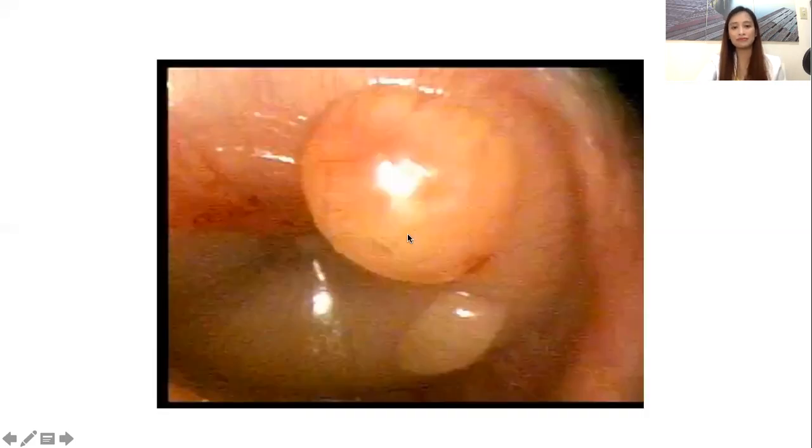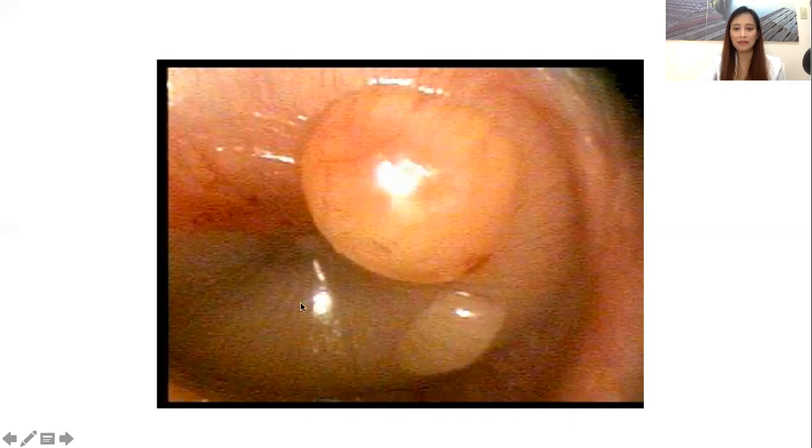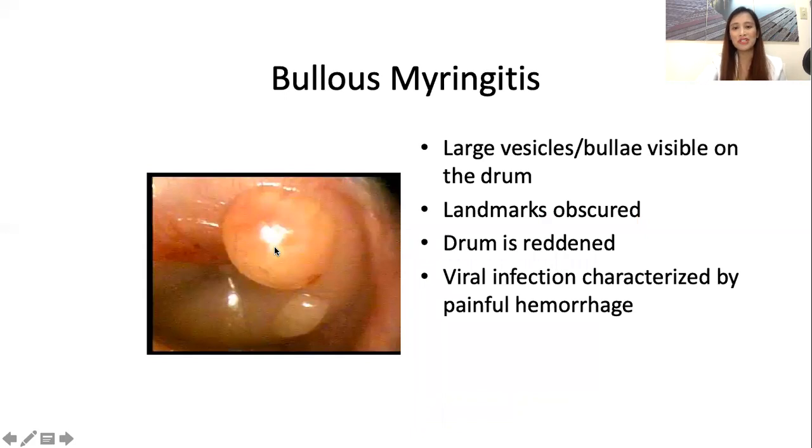Next, this one, what do you think this is? What can you observe on the tympanic membrane? So you can observe some bullae, just like in your skin, you can observe some bullae in your tympanic membrane. It's also bulging. And this is your bullous myringitis, or bullous infection of your middle ear.